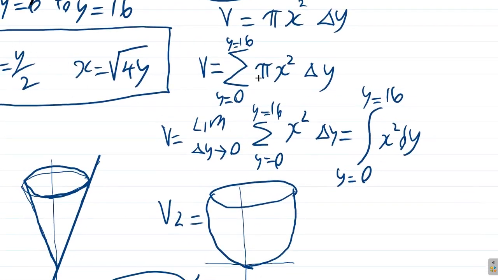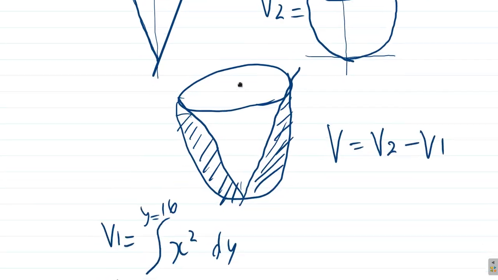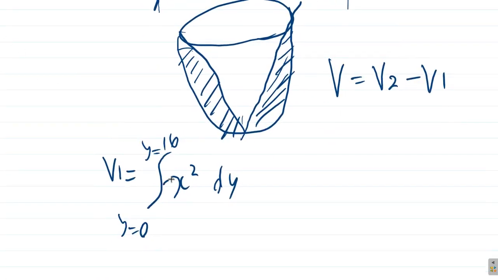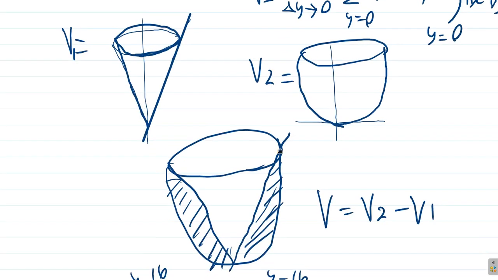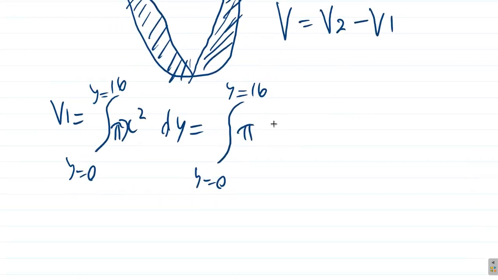How could I leave out the pi? The pi is always there. It's pi r squared h. So it's pi x squared dy, which is the integral from y equals 0 to y equals 16 of pi, but what is x in this case? x is y over 2. So it's y over 2 all squared, dy. That is volume 1.